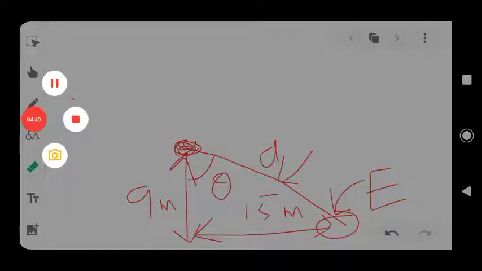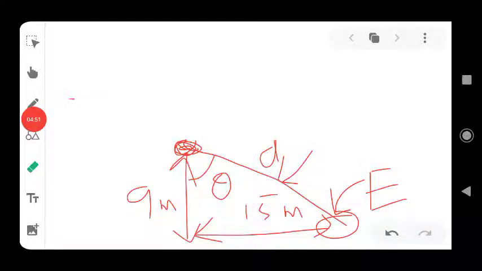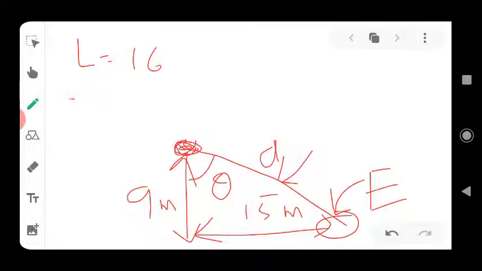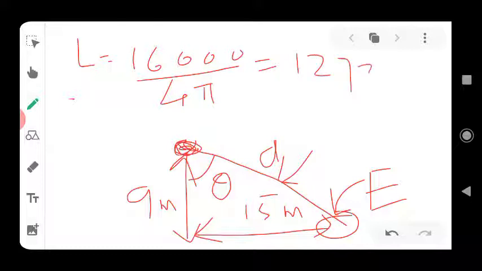So we are having the lumen output, that is 16,000 lumens. Divided by 4 pi, that is 4 into 3.14, you will be getting around 1273.24. This is in terms of candela. Why is it 16,000 by 4 pi?